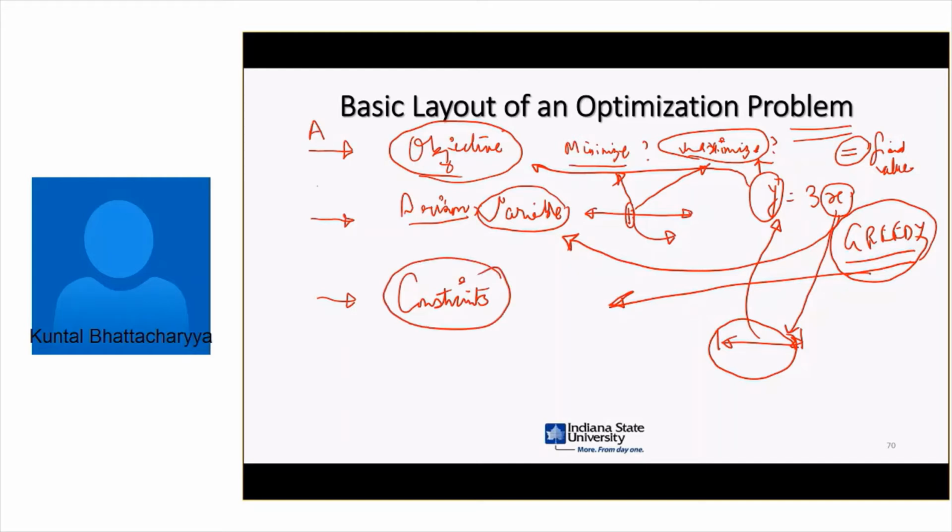So that's step C. In any form of optimization, you'll have these three basic steps: setting up an objective, figuring out what variable you want to change to reach your objective, and then constraints. Even in the goal-seek model, we did the same thing. With data tables, we did the same thing. It was quantity that was the variable being altered multiple times to reach our objective.